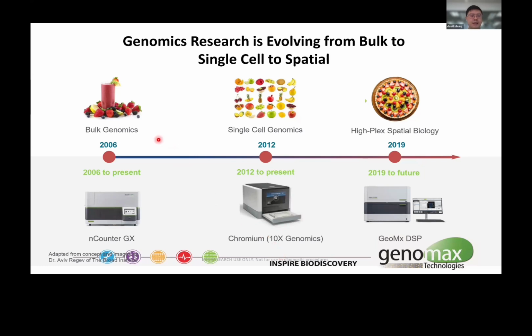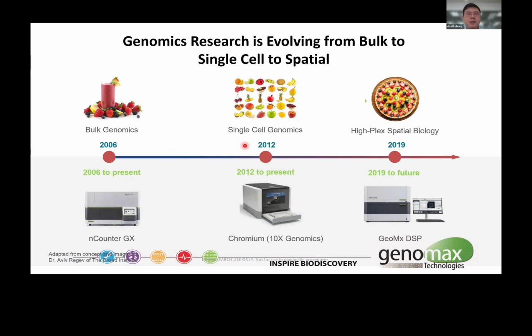So now, other than bulk genomics, you can split out the signal and find out the relative abundance of different cell types present in your sample, so that you have more idea, in the blend of fruit juice, what are the fruits that made up this fruit juice.